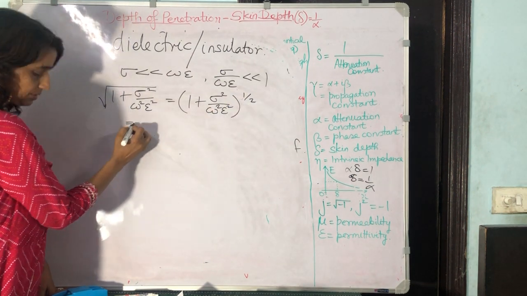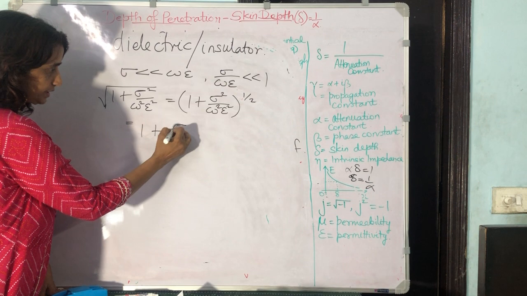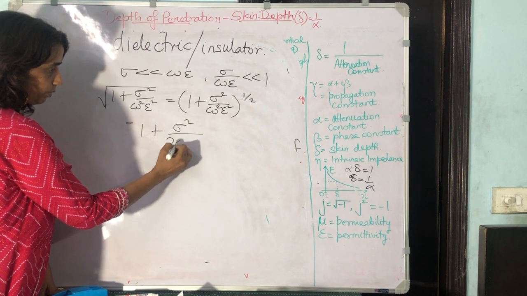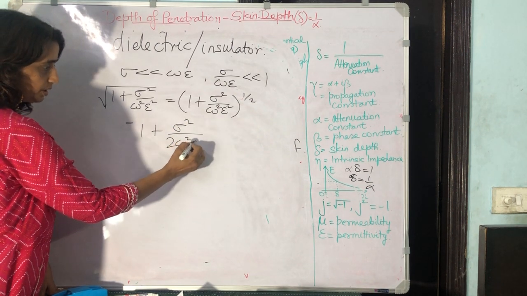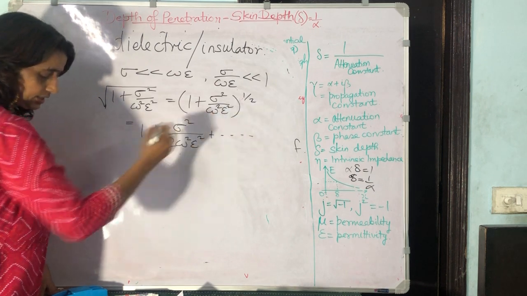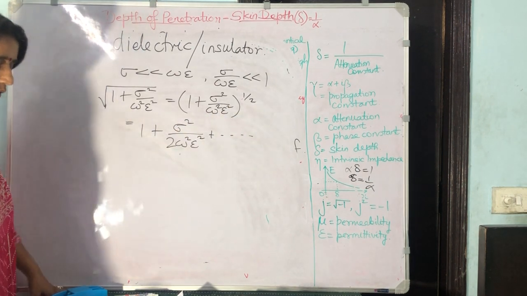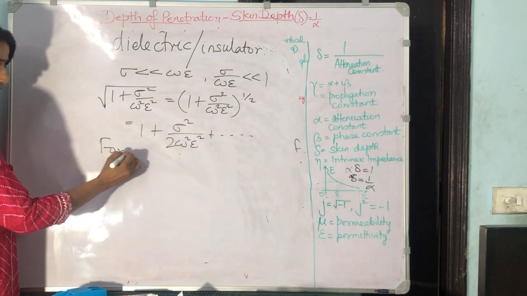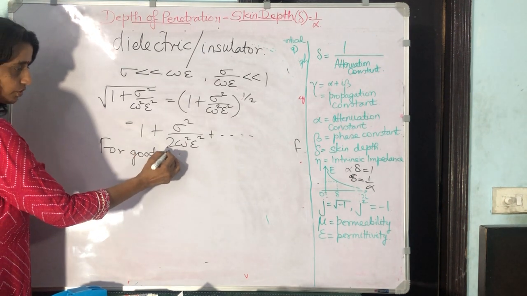So this becomes equal to 1 plus sigma square upon 2 omega square epsilon square, like this.